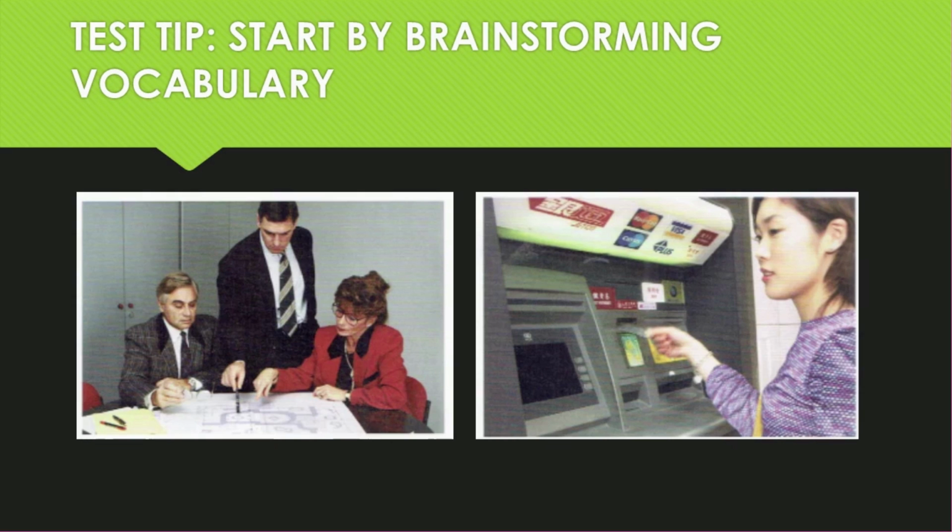You could say that there's a diagram. The verb would be look at, and the adjective or the adverb can be closely. And in the second picture, the noun could be money. The verb could be insert, and the adverb can be quickly. So you have to make use of the 30 seconds preparation time to brainstorm vocabulary.